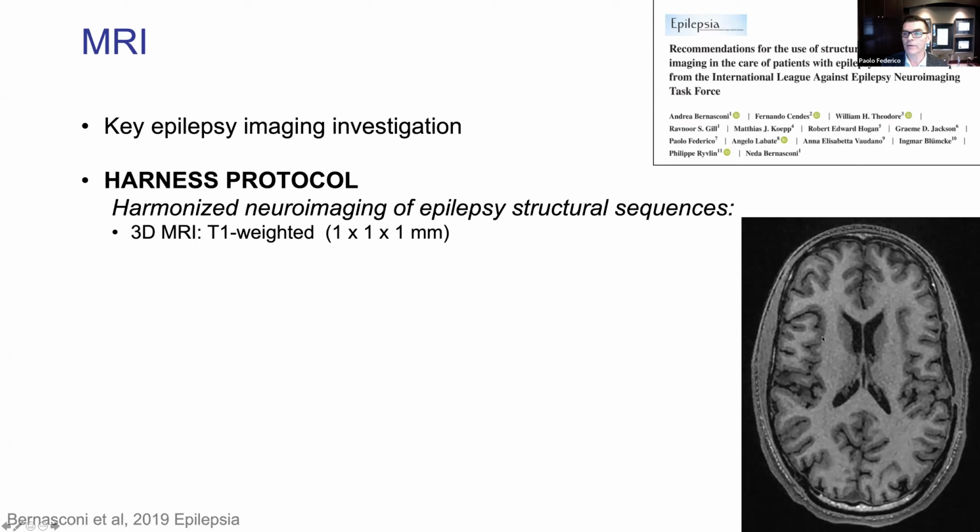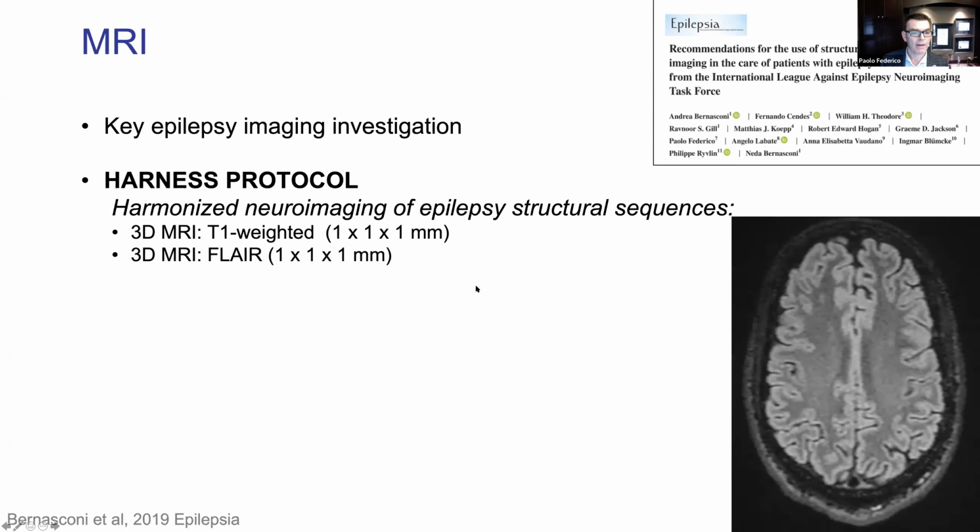And this is good for detecting subtle malformations of cortical development, blurring of gray-white matter, for example. The next is a volumetric acquisition of FLAIR images, again with 1 millimeter isotropic voxels. Again, it's very important for identifying subtle lesions that have T2 hyperintensity, such as some malformations of cortical development.